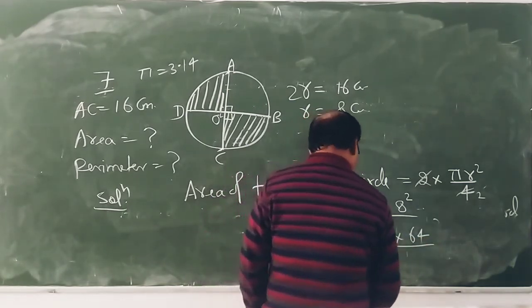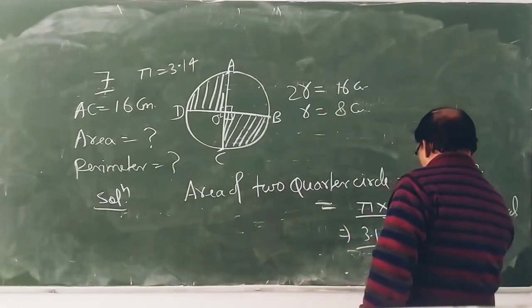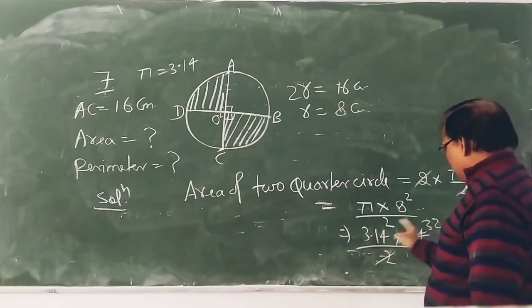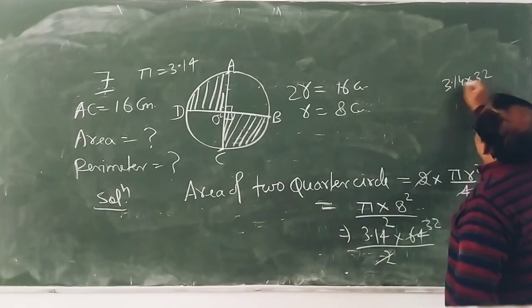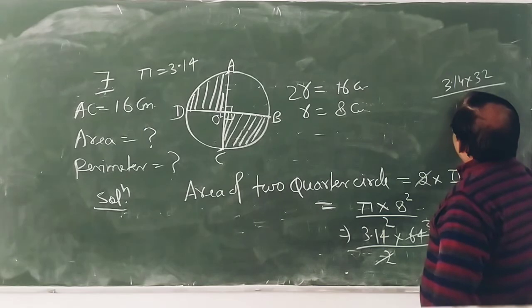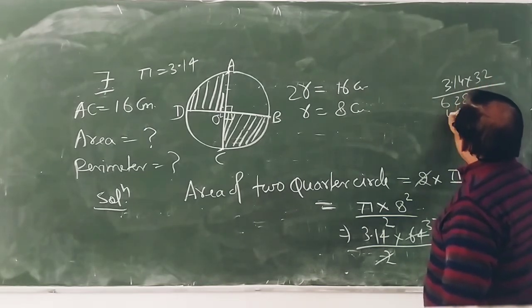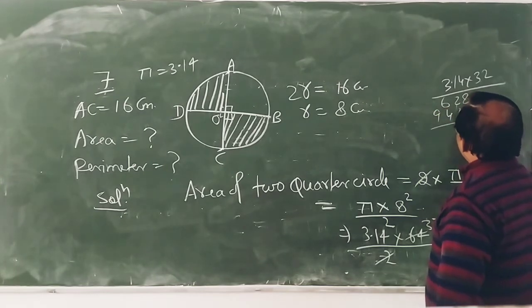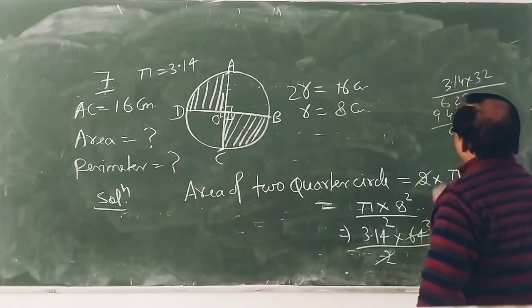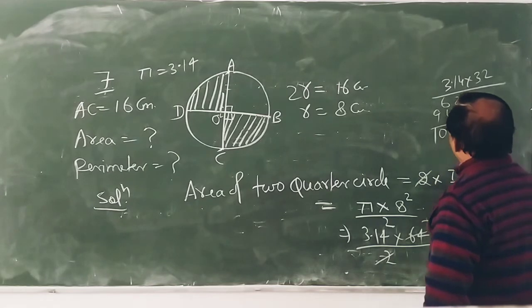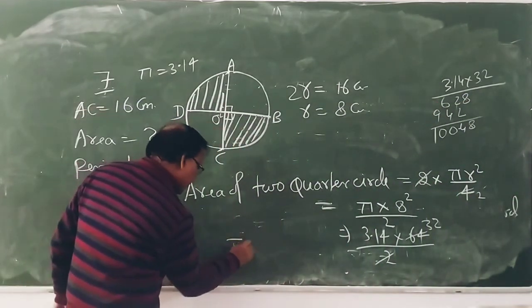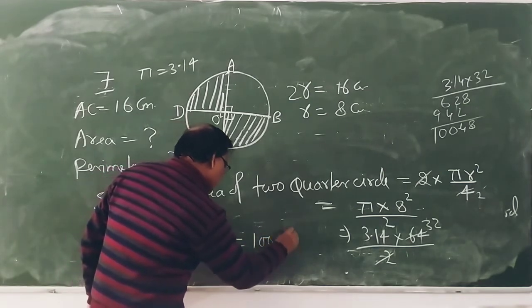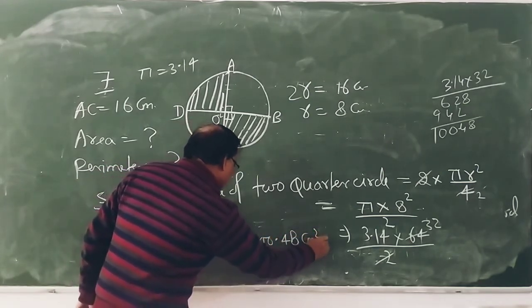So 32, and then multiply these two, you will get the area. 100.48 is the area in centimeter square.